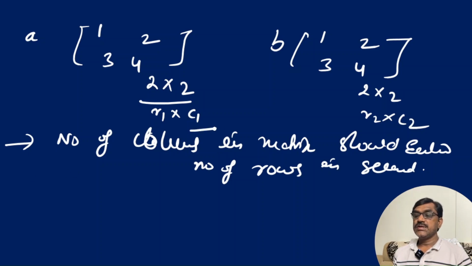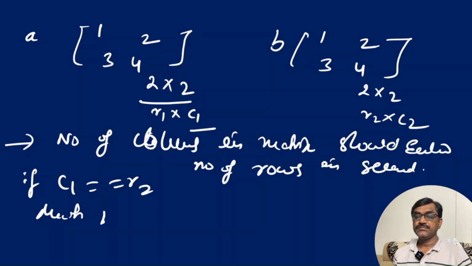What is the condition here? If C1 is equal to R2, then only the multiplication is possible. Otherwise, the multiplication is not possible.